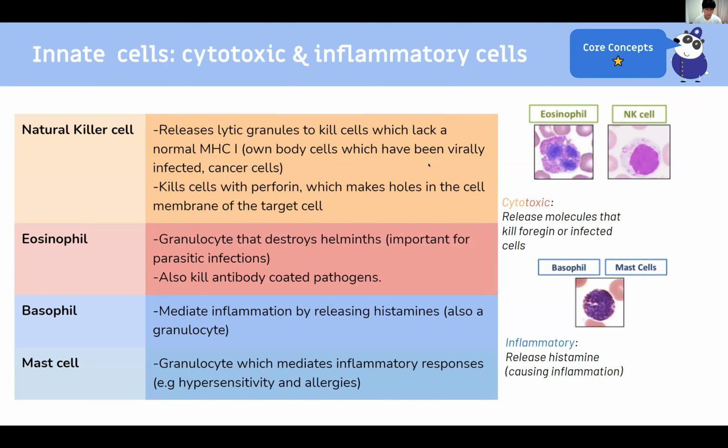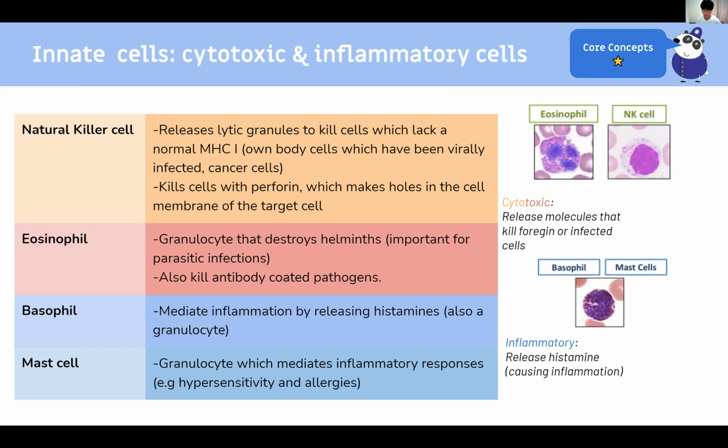So now we want to talk about the cytotoxic cells. These are the natural killer cells and eosinophils, I think that's how you pronounce them. These release molecules that kill foreign or infected cells.